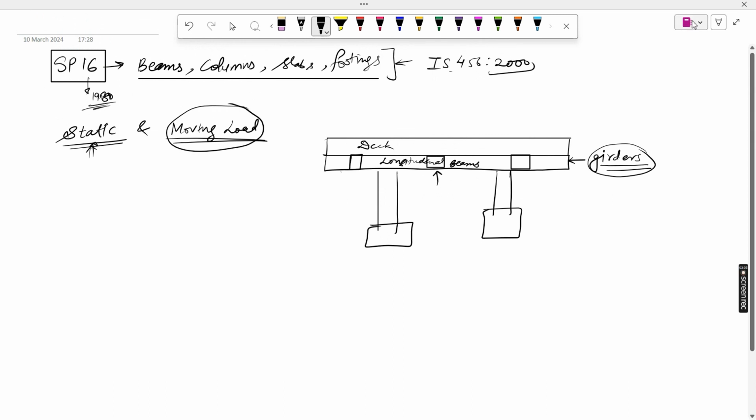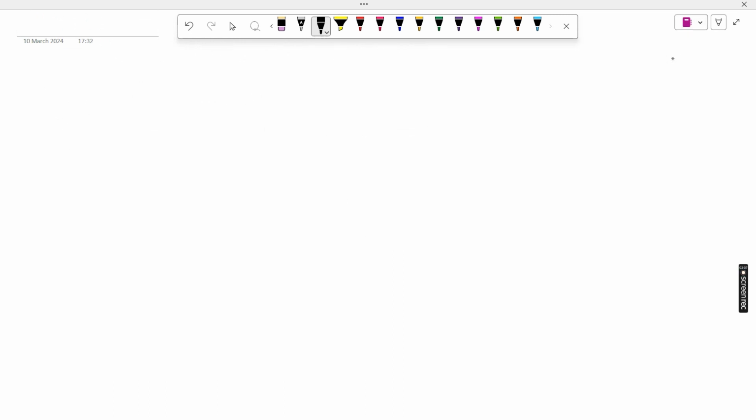So let us take one simply supported beam, and here is one loading like a UDL.